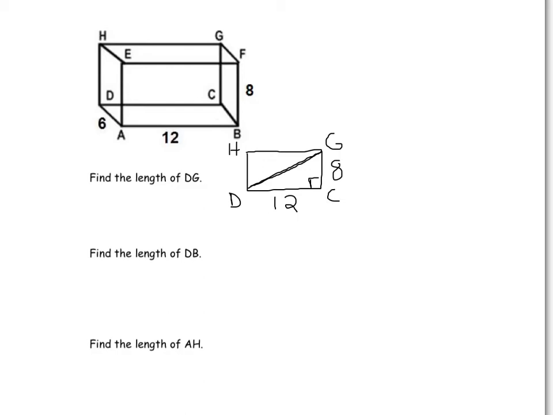How do we find that distance DG? Well, that's easy. That's Pythagorean Theorem. 8 squared plus 12 squared would have to equal that value squared. So 8 squared plus 12 squared gives me 208. So that distance DG would be the square root of 208.